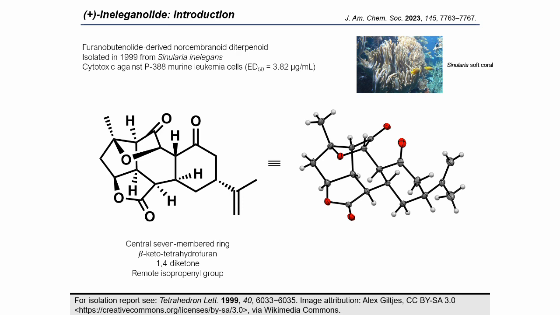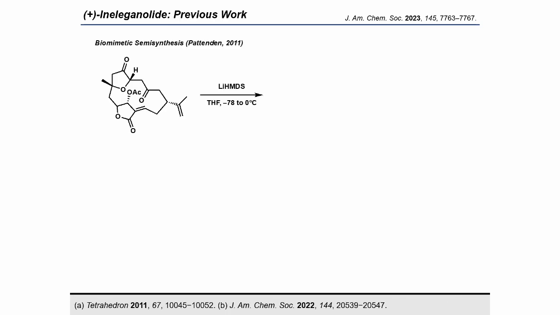In 2011, the group of Pattenden and co-workers showcased a biomimetic semisynthesis utilizing a macrocyclic precursor derived from the isolated natural product 5-epi-cyanthiwigin... 5-epicyannuleptolide. Upon treatment with lithium hexamethyldisilazide, the precursor undergoes an intramolecular Michael addition cascade to give rise to a mixture of products, mechanistically derived from different sites of enolization.